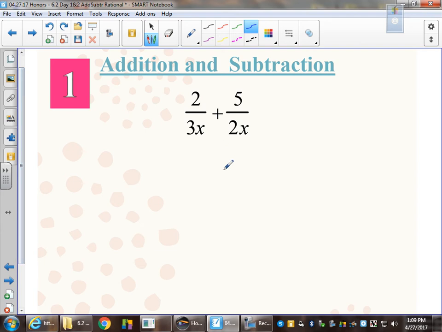Our first question says 2 divided by 3x plus 5 divided by 2x. So our first step is to identify that lowest or least common denominator. And I'm going to have a practice off to the side somewhere actually stating what it is. 3x and 2x. The smallest denominator that I can get to where that would be common would be 6x.